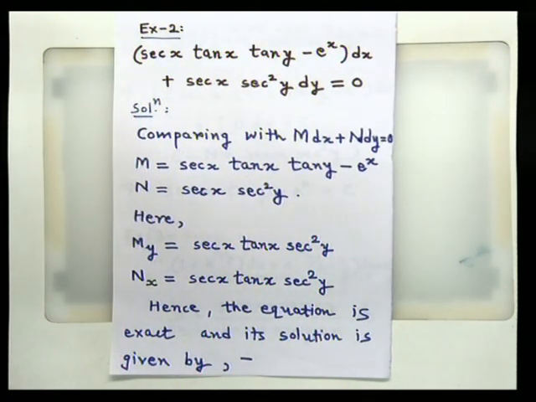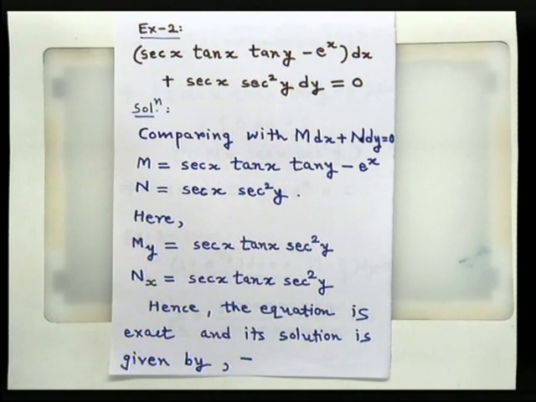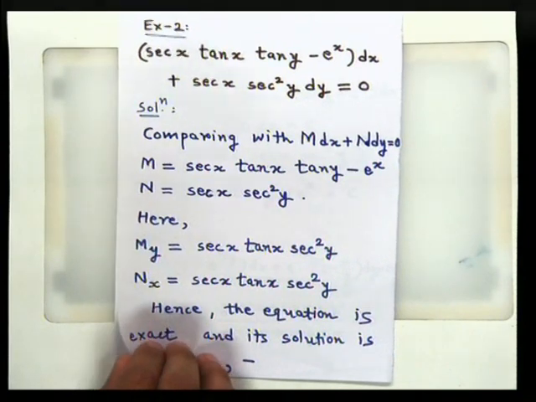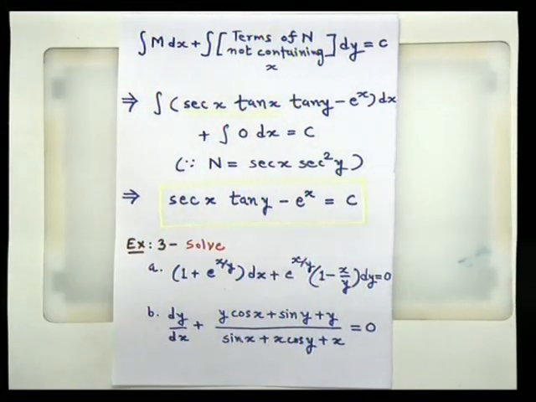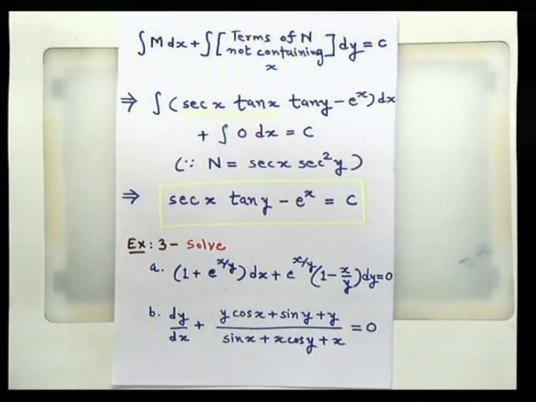So with the same formula, integral m dx plus integral of the terms in n not containing x dy equal to c will give the solution.